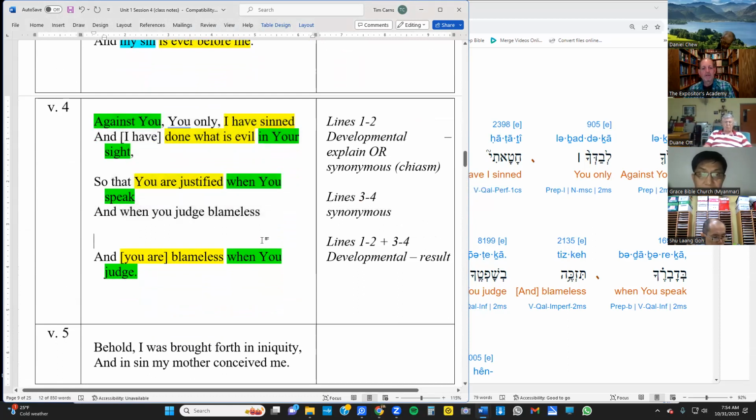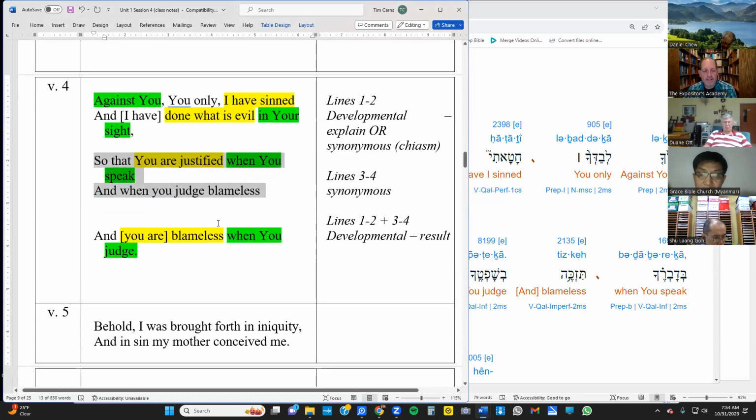And again, remember, chiasms are intentional. So if the poet, so far David's been using them, and all of a sudden here he doesn't. Why is that? Well, I don't think he's drawing any emphasis in this second part. He's not drawing emphasis on anything here like a chiasm would do.